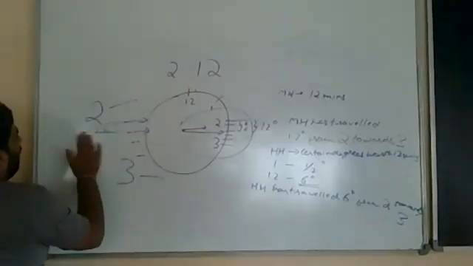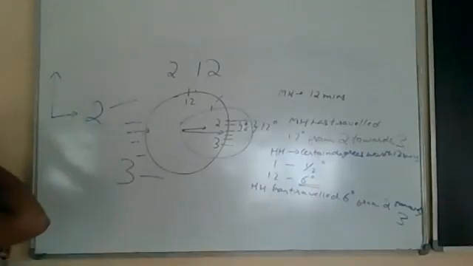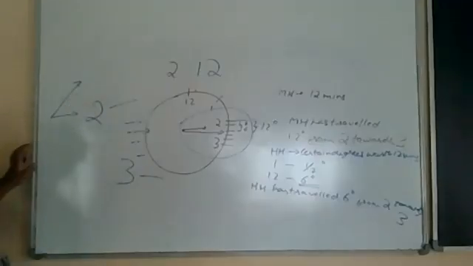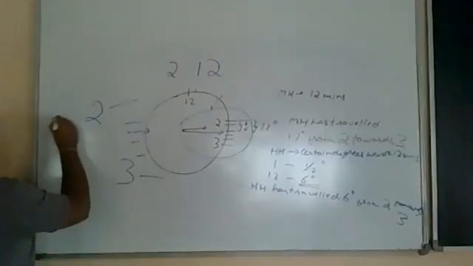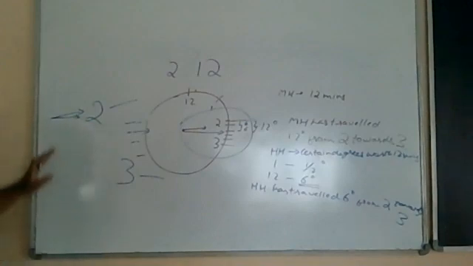Now see, just at 2 o'clock, the hour hand was here, the minute hand was here somewhere, correct? It was here only, correct? Our hour hand was a little forward, but it was still at 210 only, almost, correct?